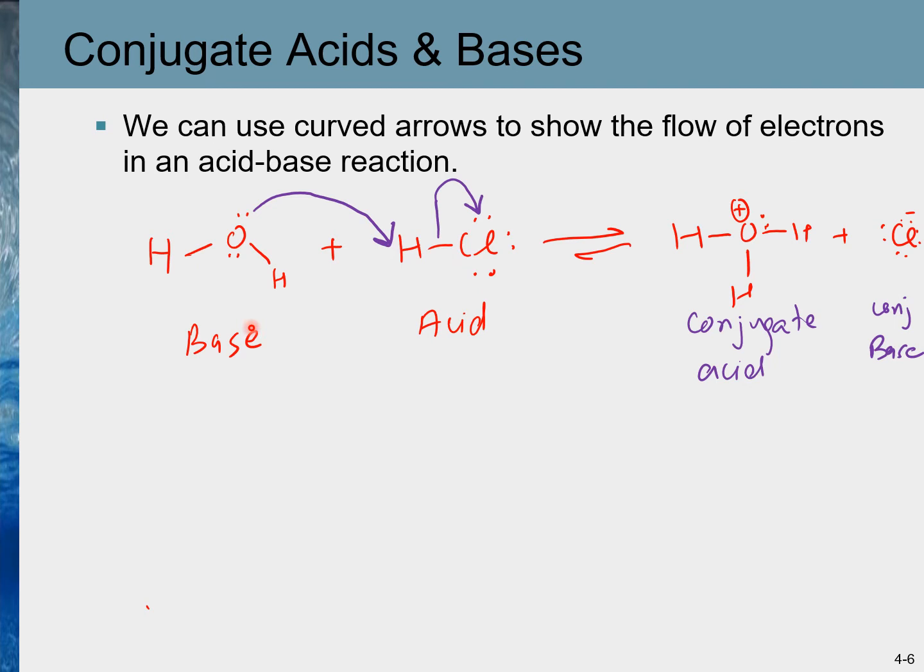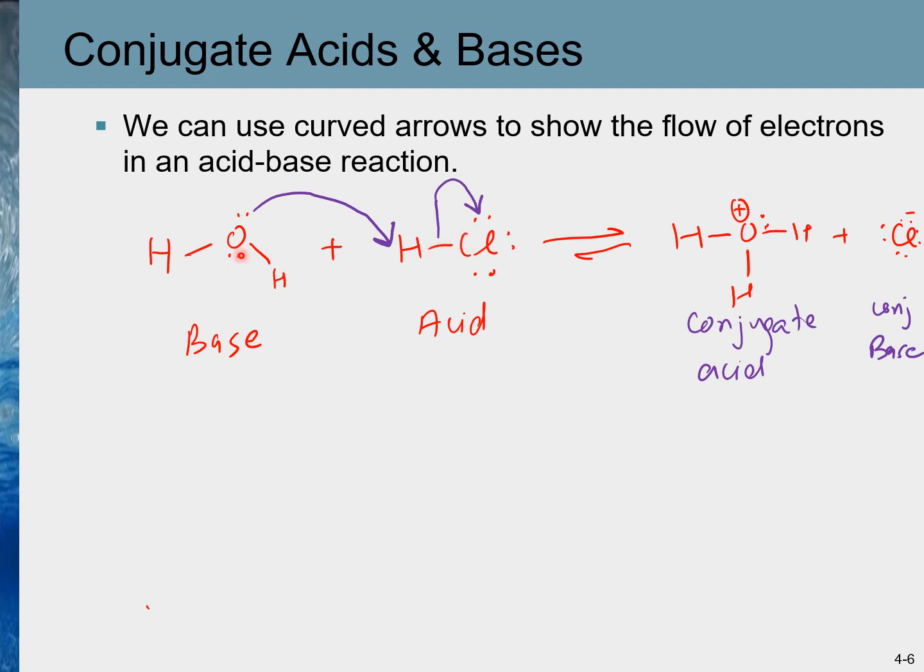So in the reaction of HCl and water, a proton is transferred from HCl to water, and in this process an OH bond is formed, as shown here, and the HCl bond breaks.